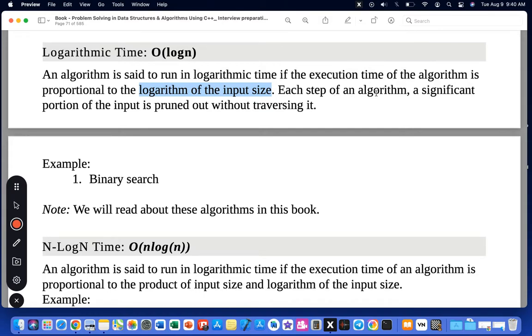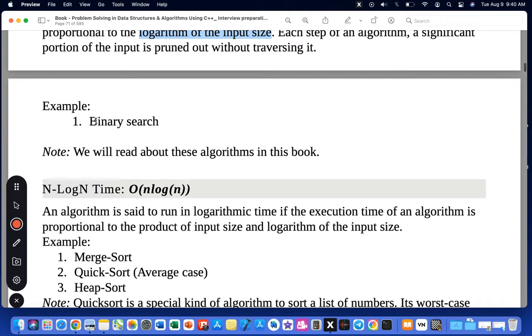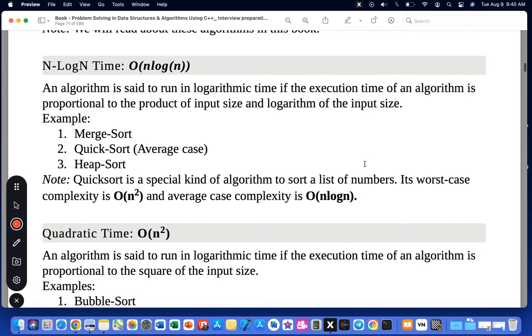At each step of the algorithm, a significant proportion of the input is pruned out without traversing it. For example, binary search. We will read about these algorithms in this book. Binary search is subdividing the search into 2 halves, and we only search half of it. And we saw a function in the previous video that shows that.